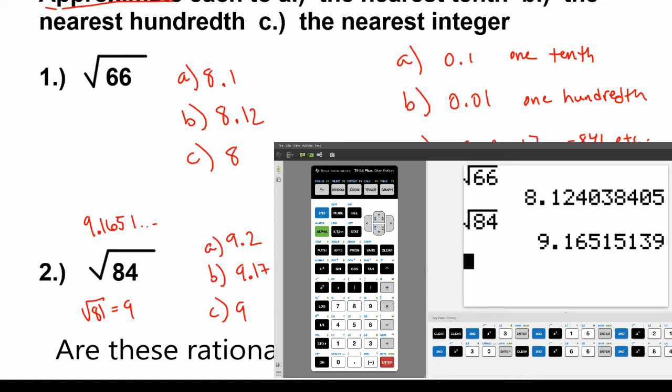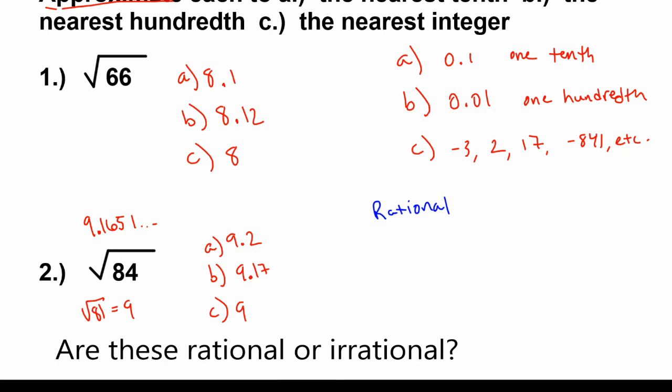And then a good question here is, are these rational or irrational? So let's recall that rational numbers, that's anything that we can write as a fraction, where a and b are integers. Irrational is anything we can't write as a fraction.